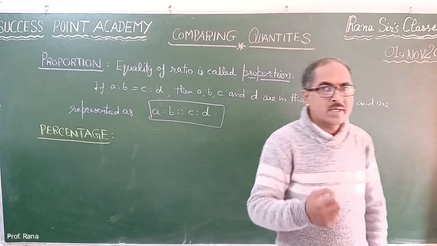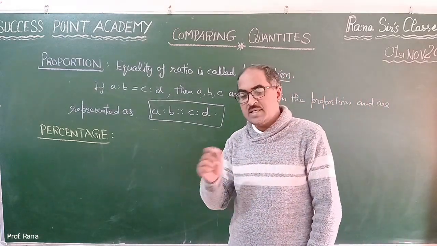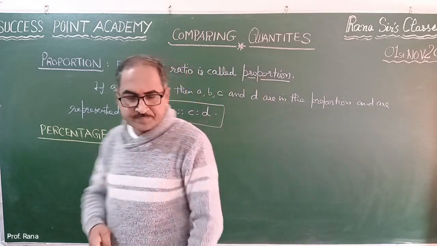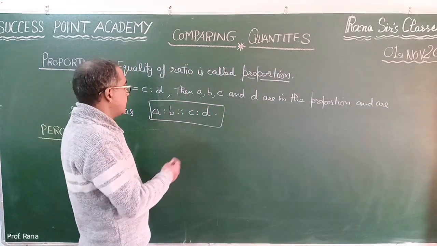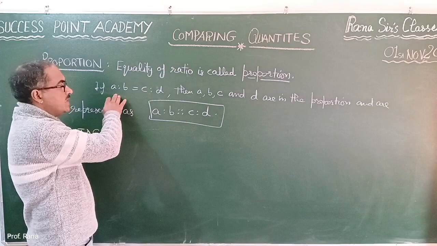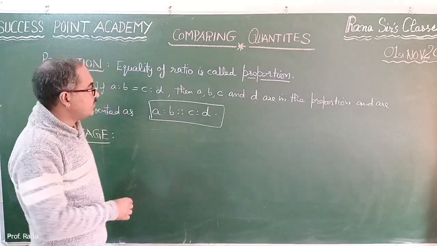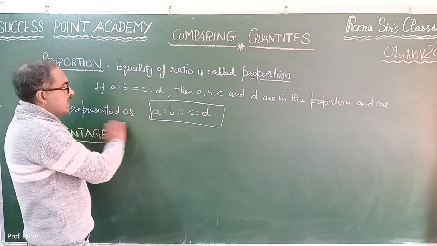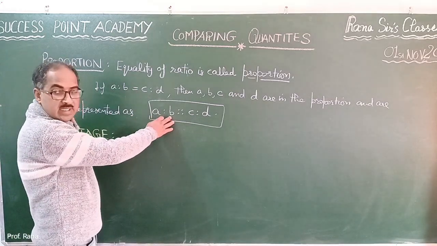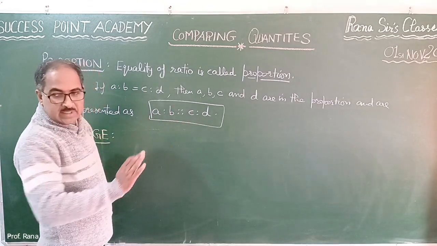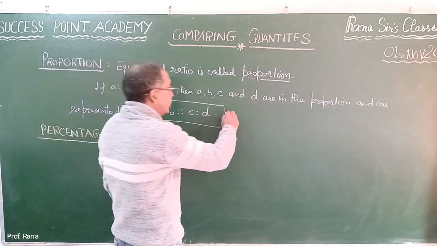Means what type of relation is there between two ratios. A upon B, or you can write A is to B is equal to C is to D, if suppose. Then proportionately they will be written as A is to B in proportion of C is to D. This is the method to write them.